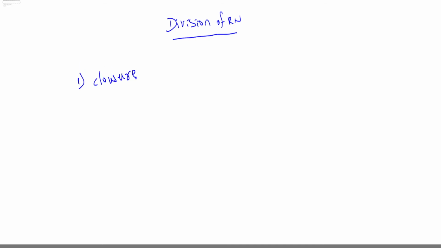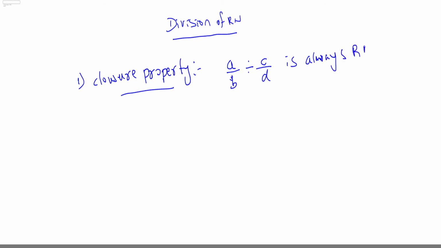For example, a by b divided by c by d is always a rational number, provided c by d should not equal 0.